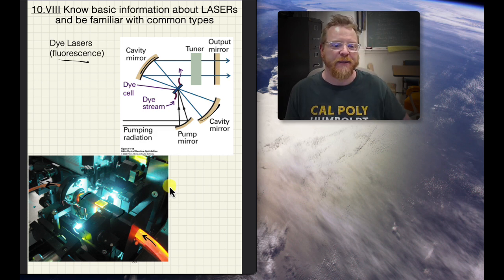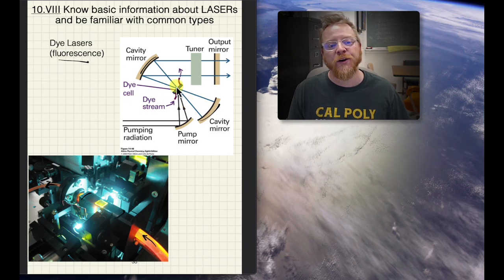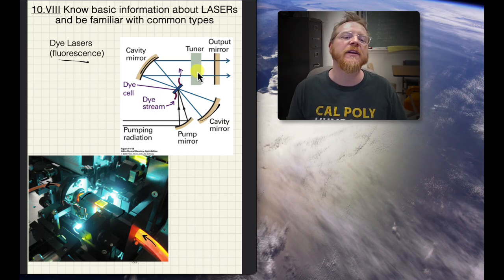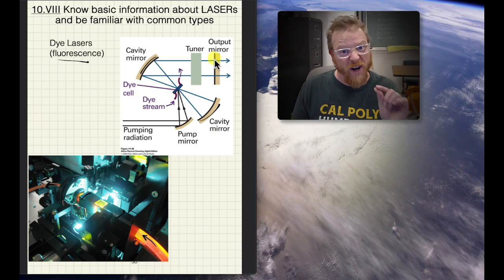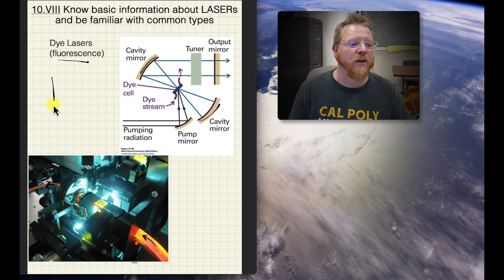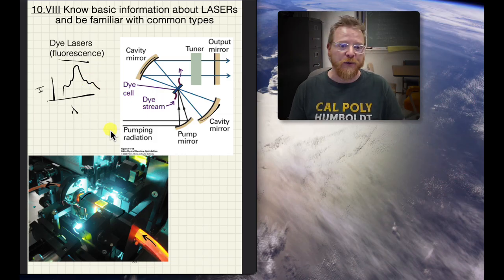There's our cavity. And now based on what you're getting and the size of the cavity, you'll get a certain wavelength out of there, which typically has to be fine-tuned if you want a very precise or narrow laser output. So if you recall, like from the intensity of a fluorescent spectra, it might be some complicated looking thing representative of the vibronic structure of the molecule.